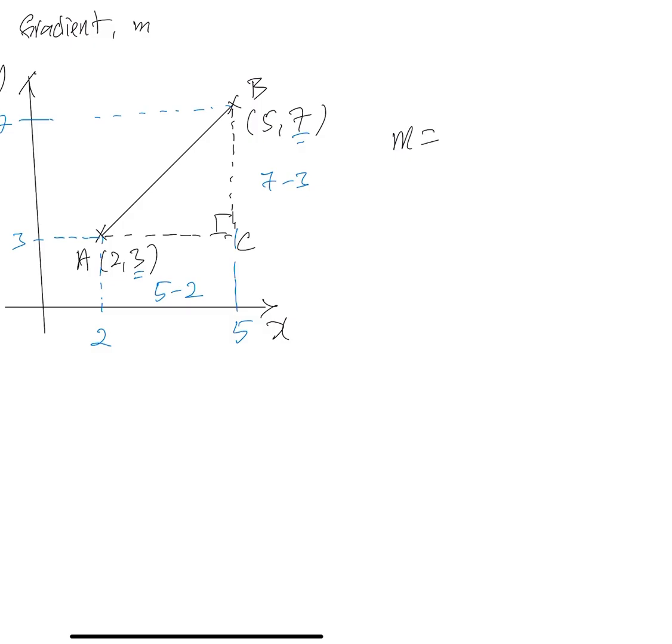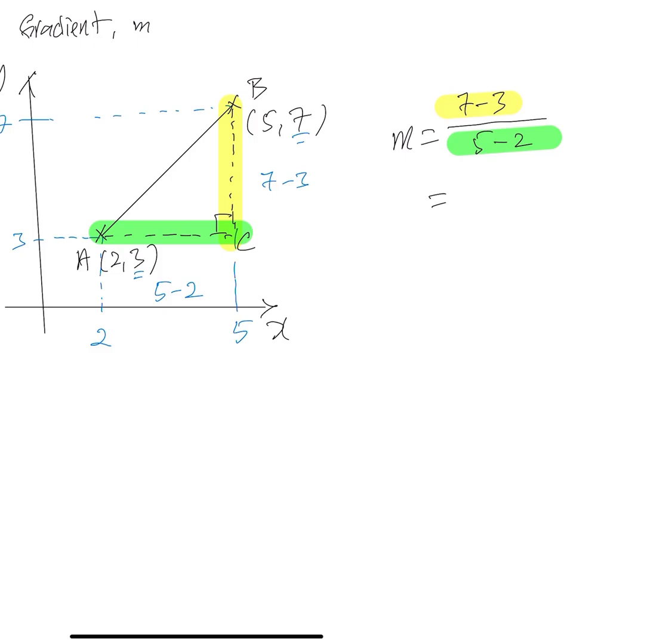So where is the rise? The rise is here, this one. Let me use another color. It's rise over run. So the rise is 7 minus 3, over 5 minus 2. That's my gradient.